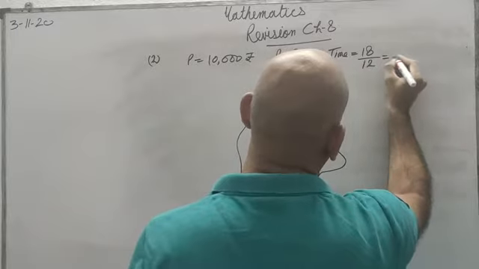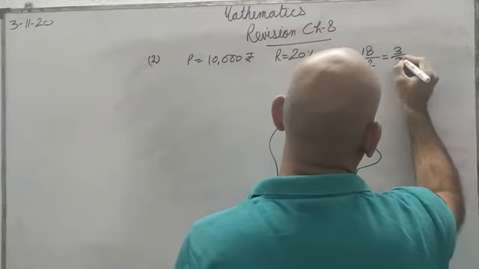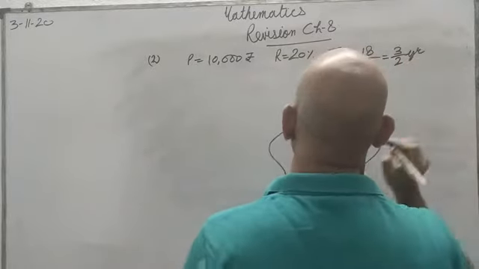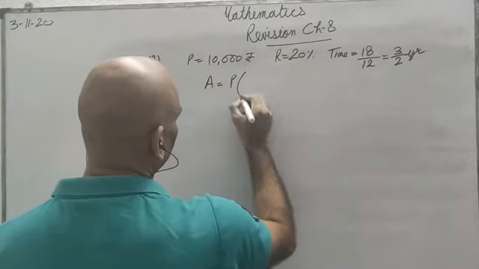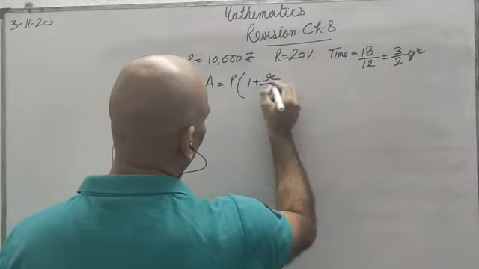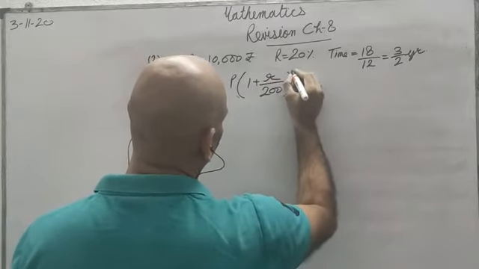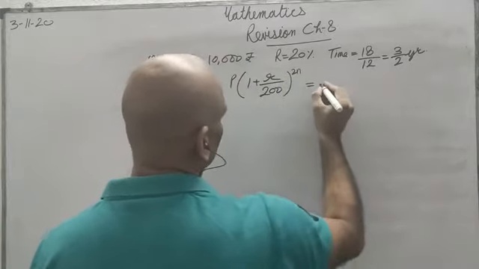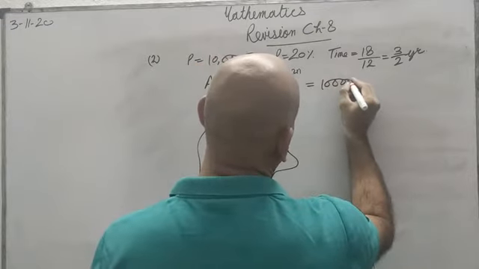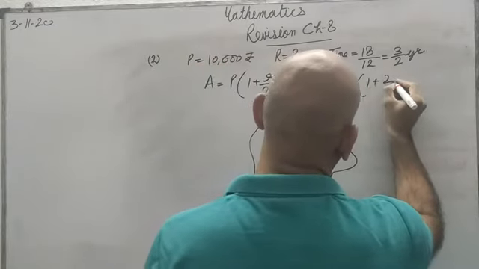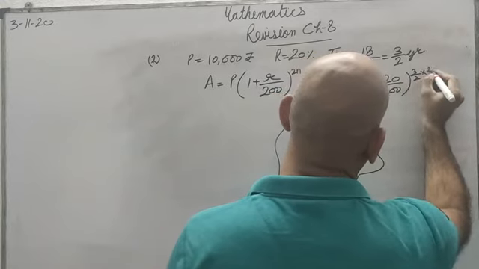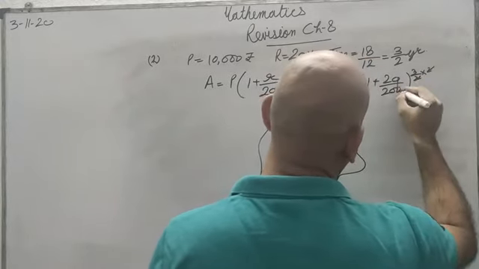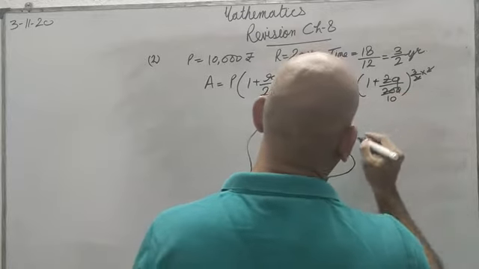So months is to be converted into years. That is 3 by 2 years. Now for half yearly, the formula is (1 + R/200)^(2n). So 10,000 into (1 + 20/200)^(3/2 × 2). 2 cancels 2, 0 cancels 0, 2 from 10.